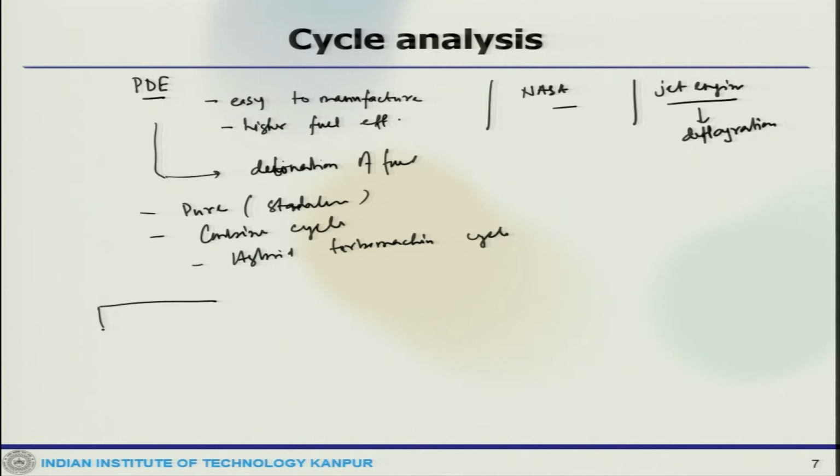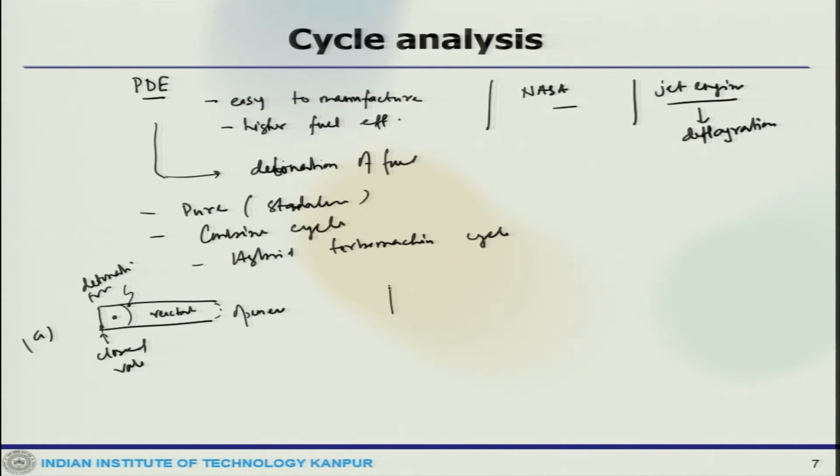Now one can look at how this process goes on. We have a chamber, and this is a closed valve condition. This is the detonation front, this is the reactants, this is the open end.